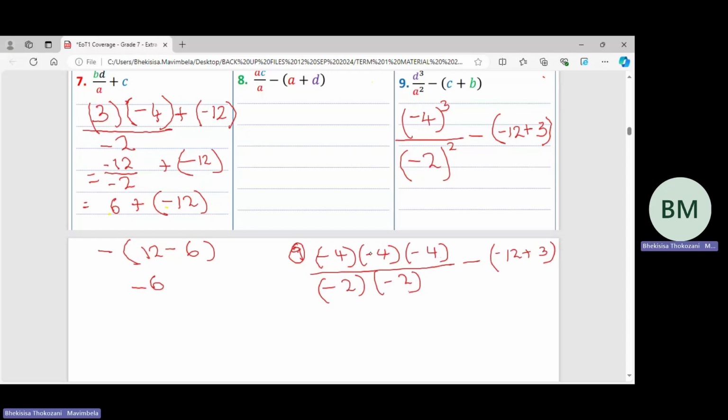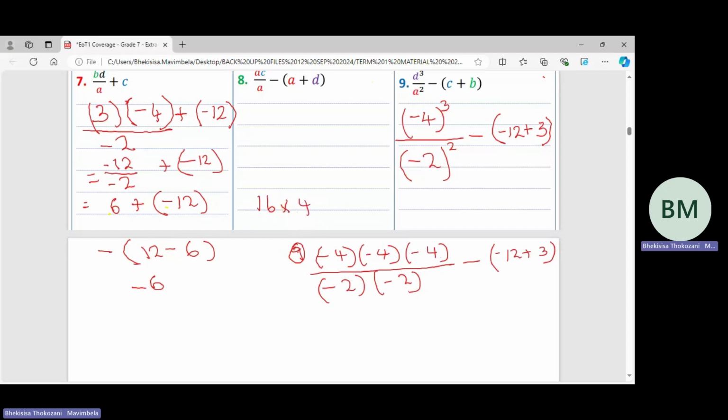So what is 4 times 4? 4 times 4 is 16. I'm just going to do it here so that you don't get confused. This 4 times 4 is 16, and we multiply it with another 4.